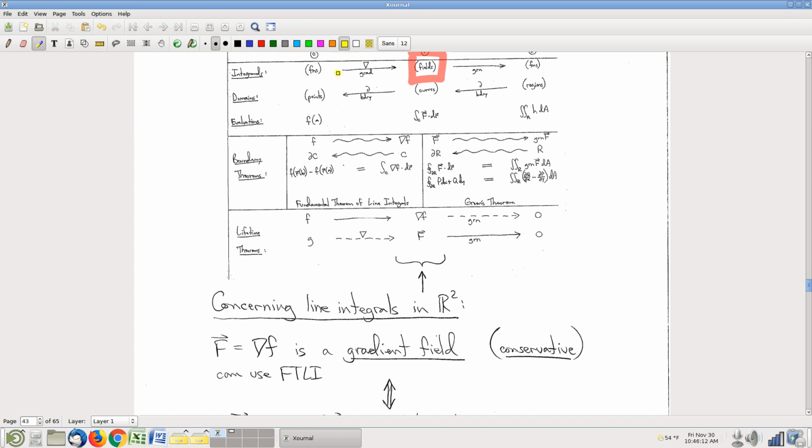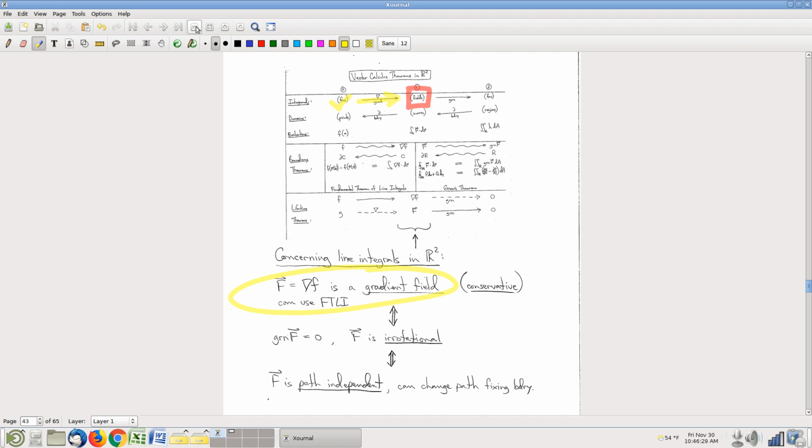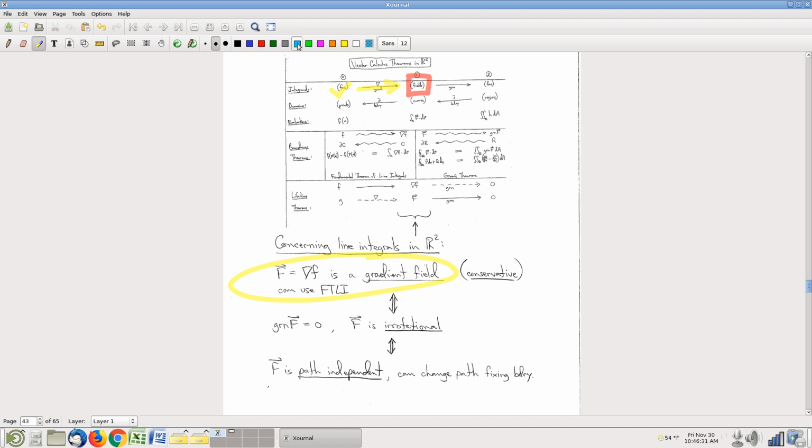You can say they are gradients of functions, or said differently, they have antigradients. But remember, anything that has an antigradient has this other feature that Green's operator is 0.